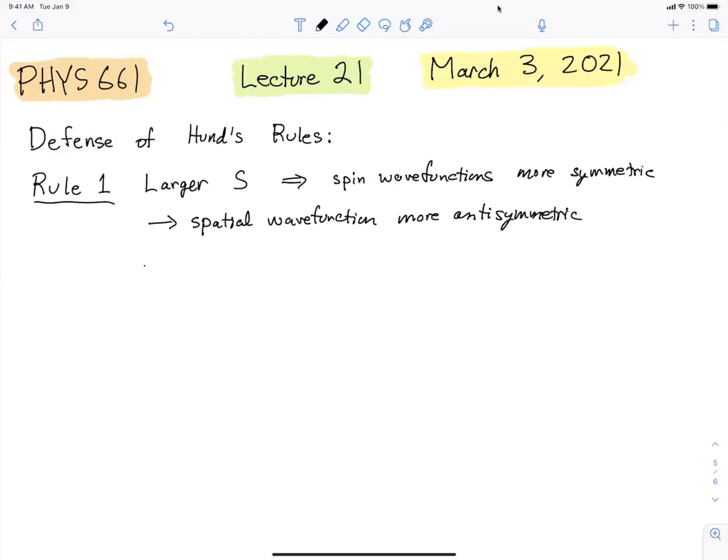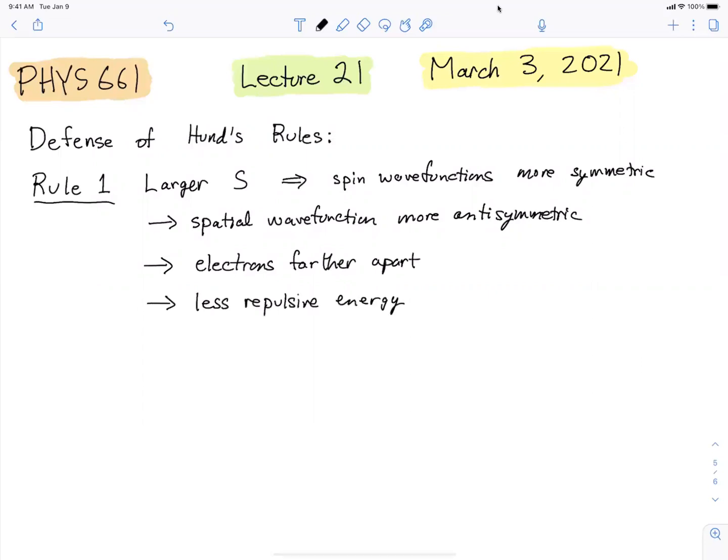And that means the electrons are farther apart. Okay, and the fact that the electrons are farther apart means there's less repulsion, and so less repulsive positive energy, which means there's a lower energy.